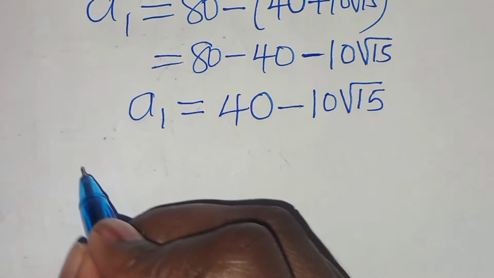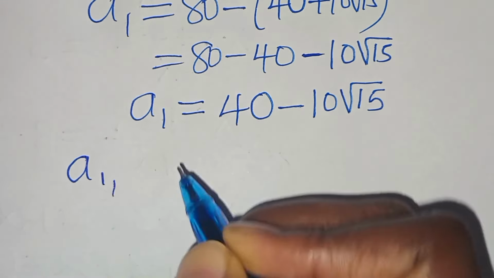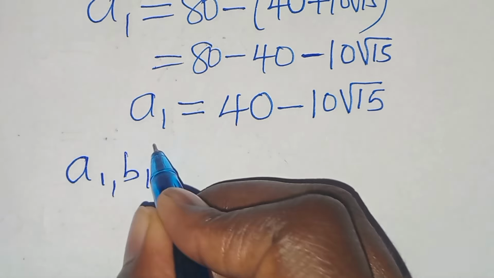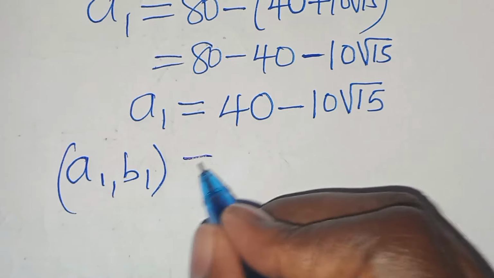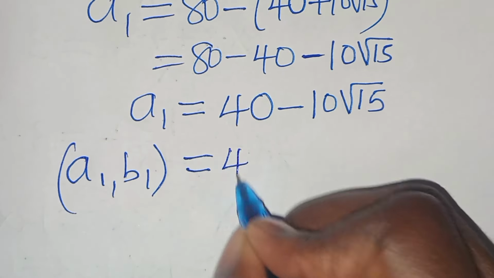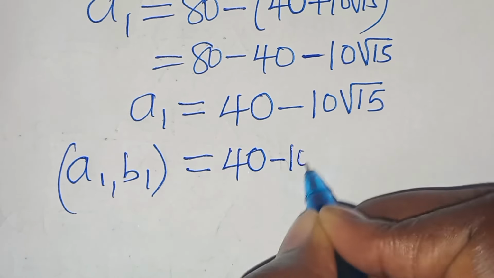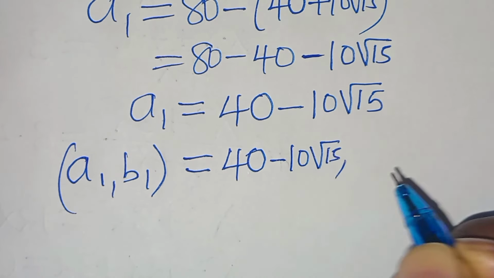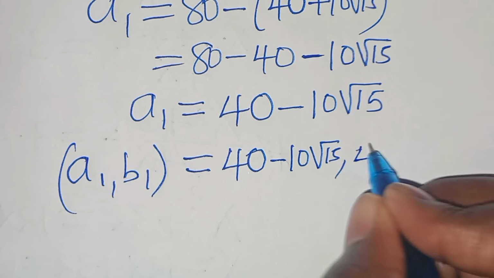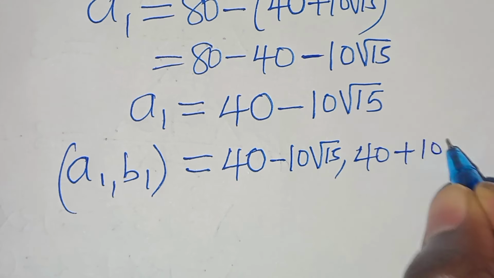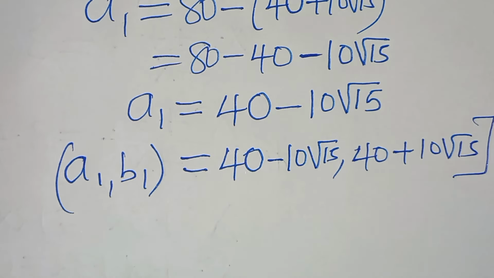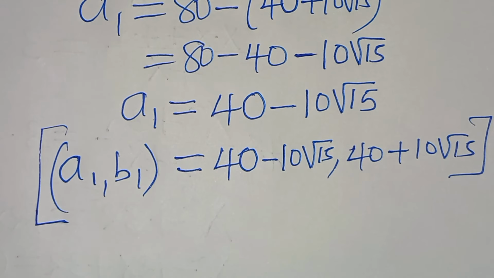So we have the first set of solution here, that is a1, b1, and this is equal to 40 minus 10 square root of 15, and we have b1, which is 40 plus 10 square root of 15. So this is the first set of solution here.